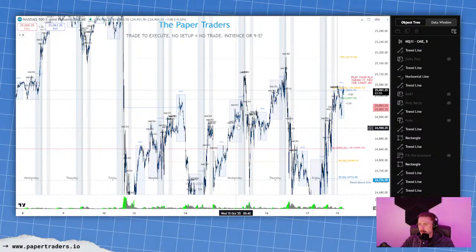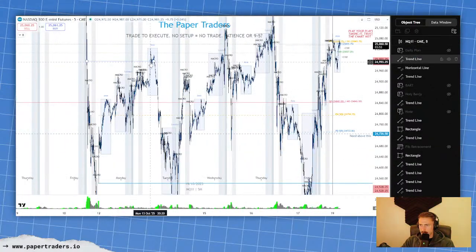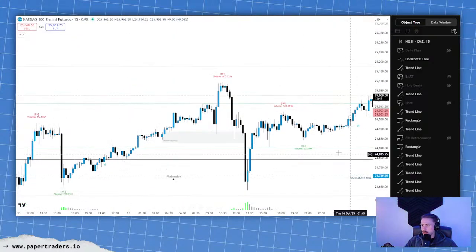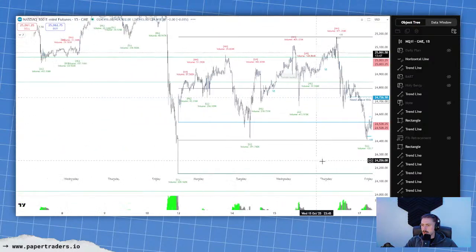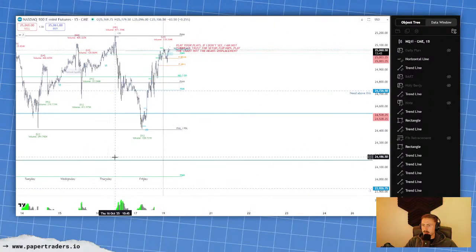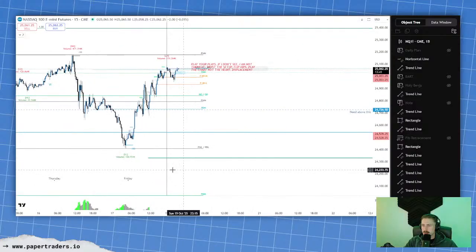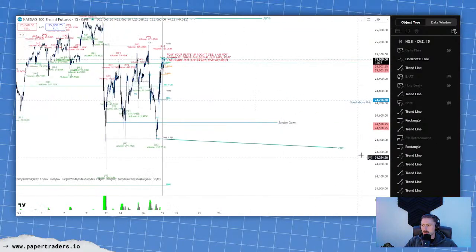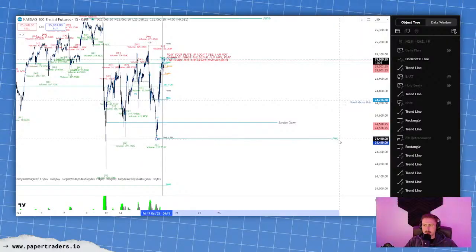So let's highlight those important levels going into this next week and see what we can make off of it. So we'll do it on both charts. I trade the NQ continuous chart and also the NQ non-continuous chart so that I can have just a separate contract and see where price is. Also helps me refresh where price might go.